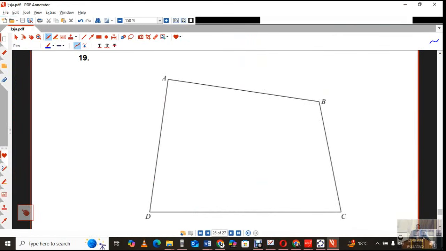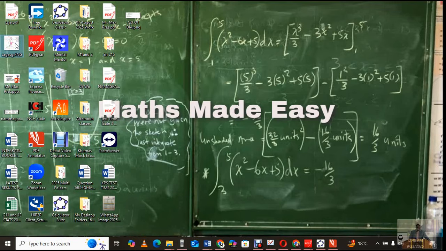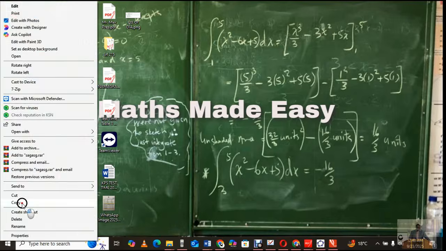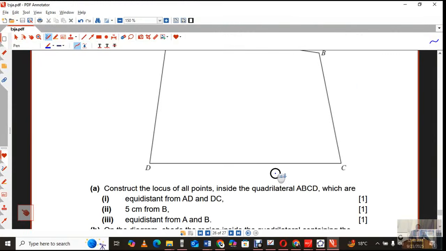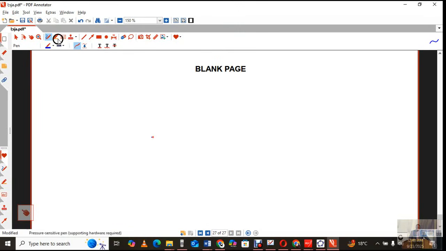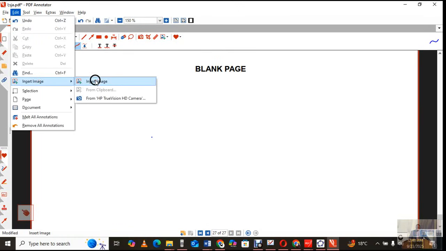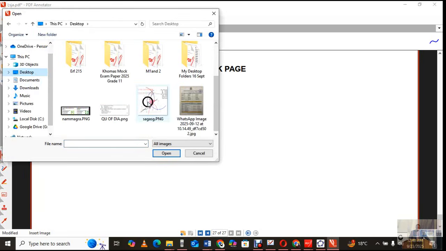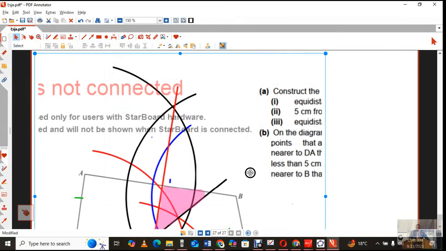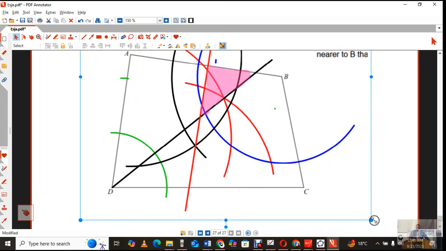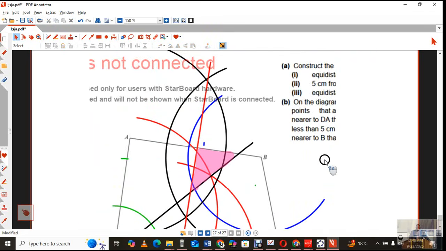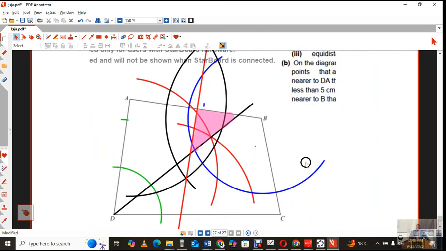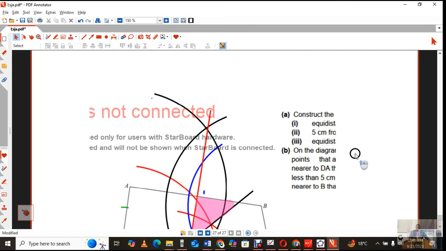Anyway, it's messy, but definitely something worth considering. All right. So at the end of the day, your diagram should look something like this. The angle bisector, the 5 centimeters from B, then the perpendicular bisector of AB, and then you shade as the information is given to you.